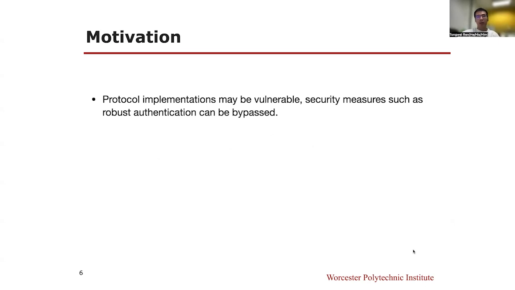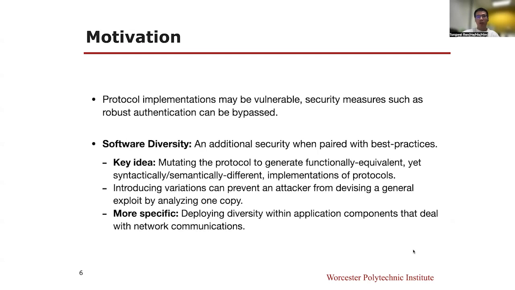Best practice security measures such as robust authentication can help mitigate this risk. But real experiences demonstrate that they can be bypassed because of vulnerable implementations. Thus, we propose the use of software diversity as an approach that can provide additional security when paired with best practices.